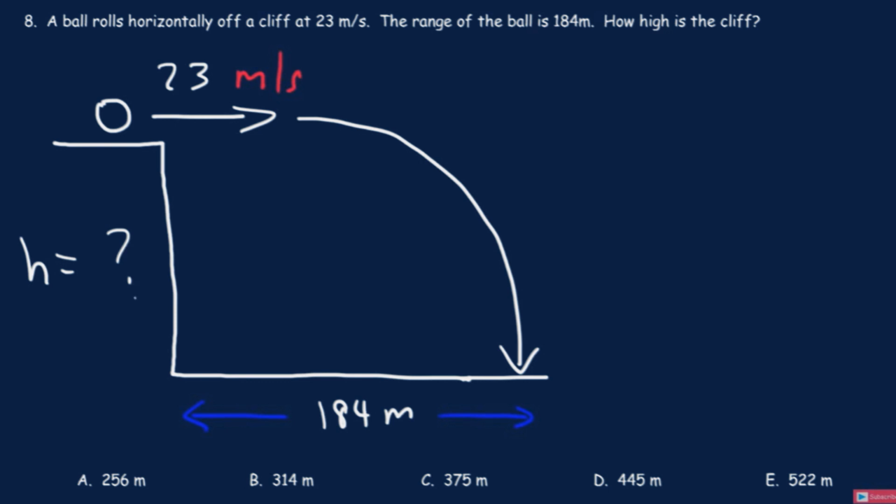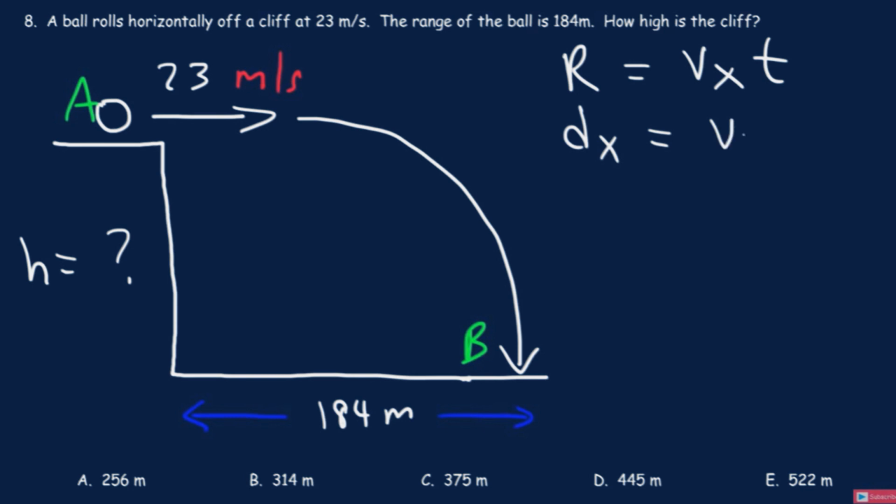Now, the first thing we need to do is find the time of travel. How long does it take to go from point A to point B? So how can we figure that out? Well, we do have this equation: the range is equal to Vx times t. The range is basically the horizontal displacement.